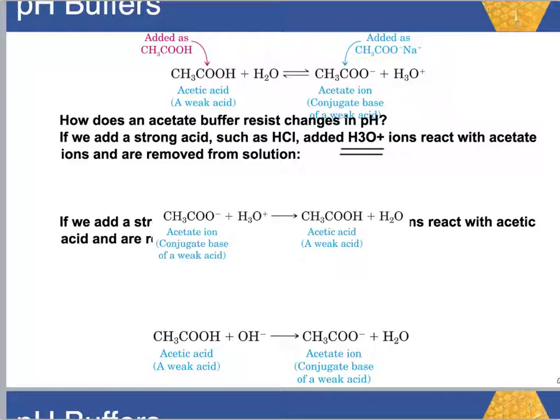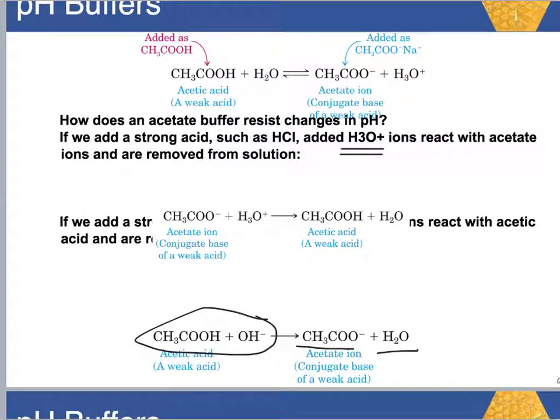If we add a strong base, such as NaOH, the hydroxide ions, or OH minus ions, react with the acetic acid right here and are removed from solution to form the acetate ion and water.